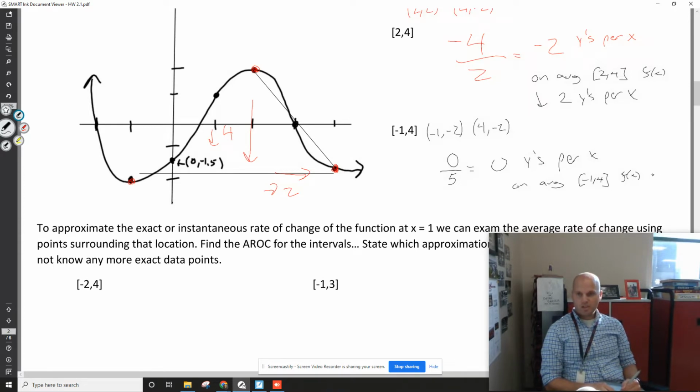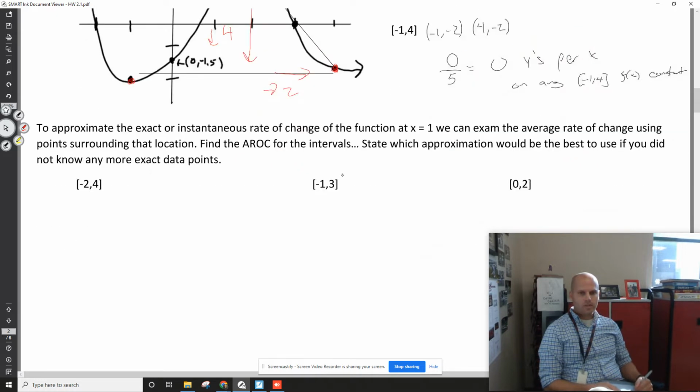I'm going to say the function did not go up or down over the interval, or was constant. It's not true though. On average, the function was constant, but we can see the function went up and then down. It went up a bunch, it went down a bunch. On average, though, we end up where we start.